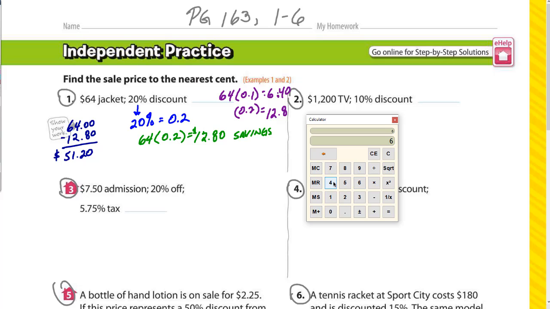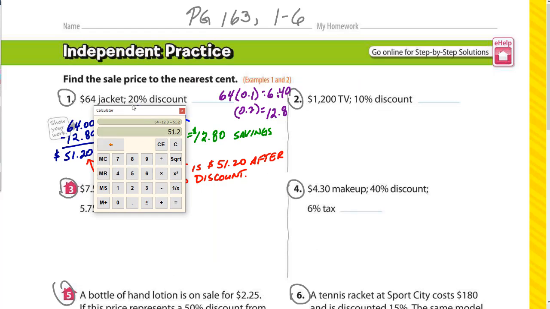Let's double check that. 64 minus 12.80 is $51.20. So that's your final cost of the jacket, $51.20 after a 20% discount.